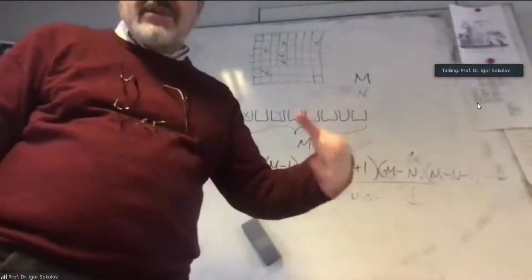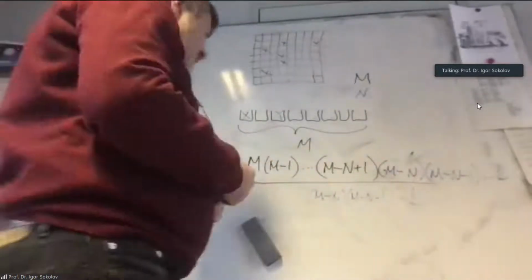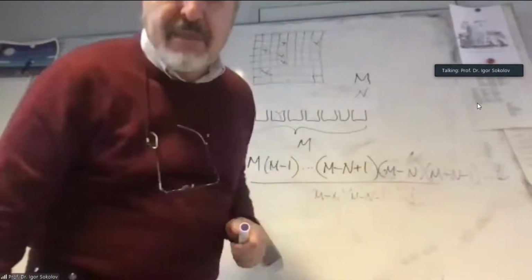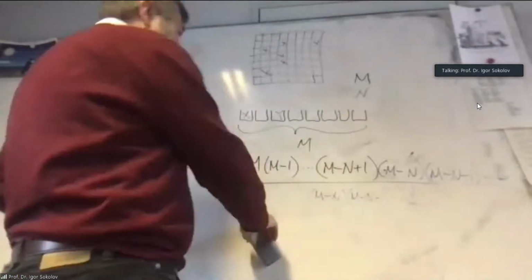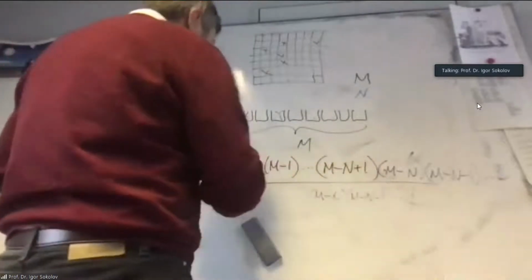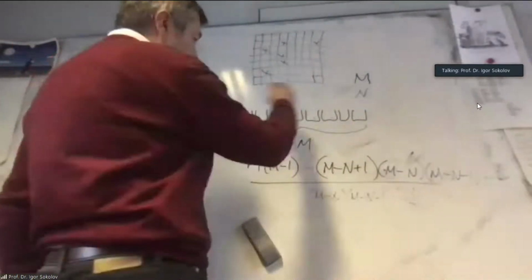You can distinguish between first, second, third, and so on. Now, in reality, the molecules are not distinguishable. They are all the same. You cannot number them. So now let us, for each configuration here, look at the number of different permutations of molecules.